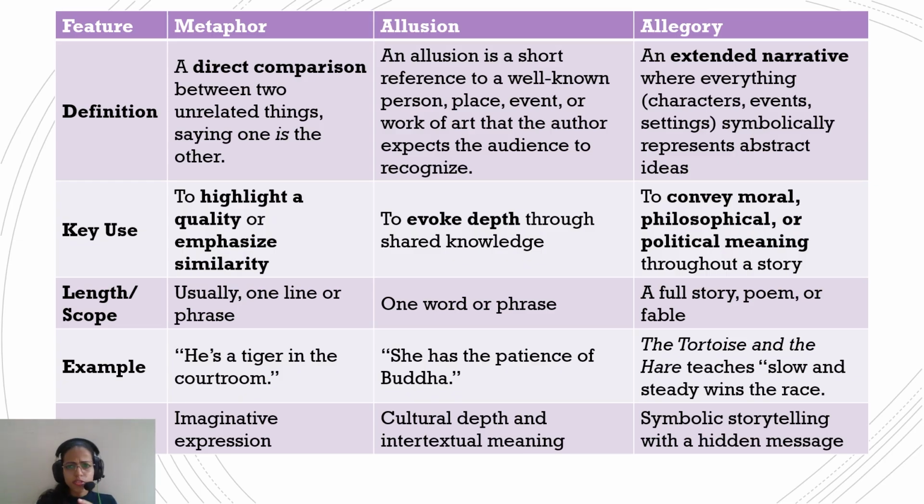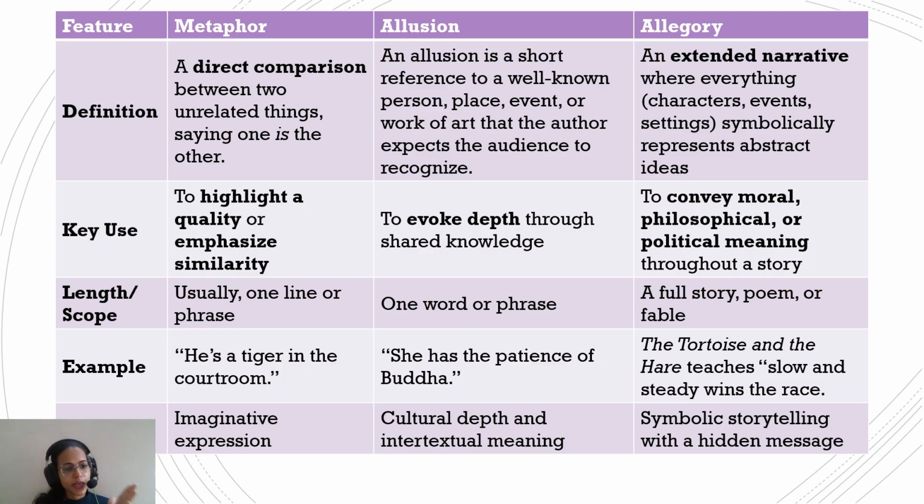If you have heard of philosophical stories, for example, some philosophical movies, they are very allegorical because they are showing one thing on the surface, but they have very deep meanings hidden behind it. Okay, so that's allegory.